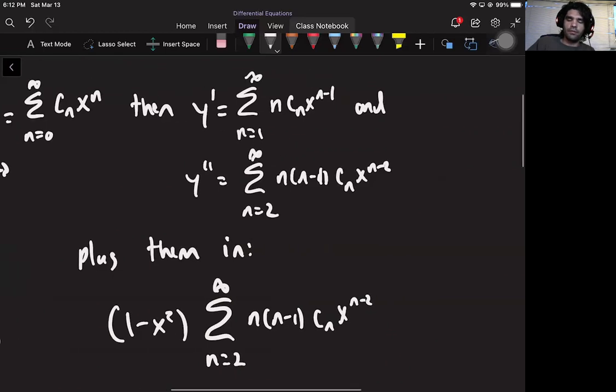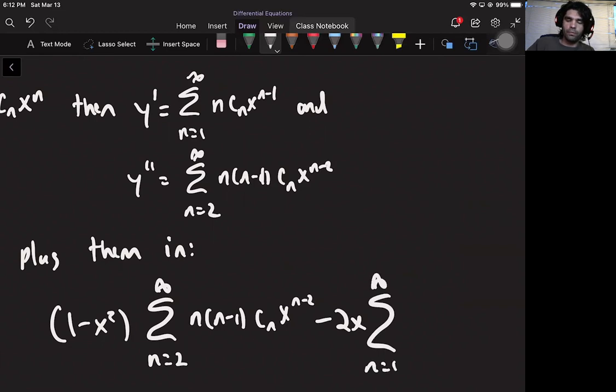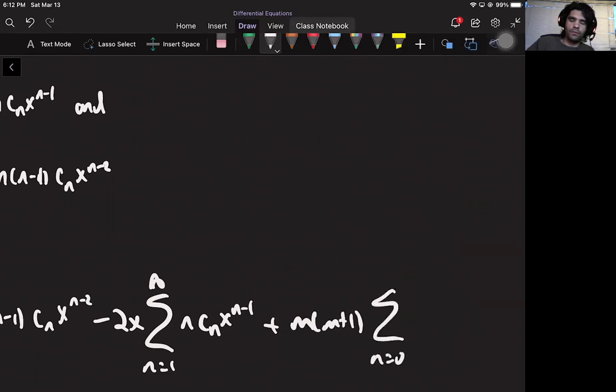And then the next one had a coefficient of minus 2x. And that's where the y prime will go. And the last one is the m stuff, m times m plus 1. And that's where y goes. And I want this to all add up to 0.